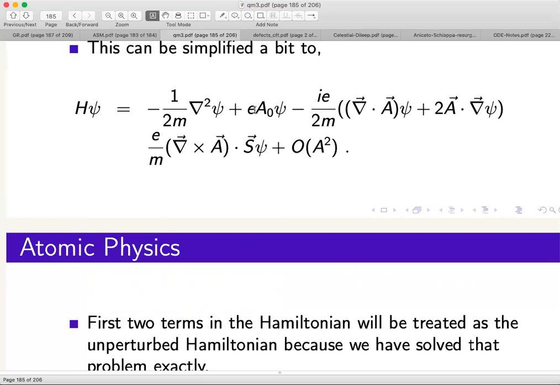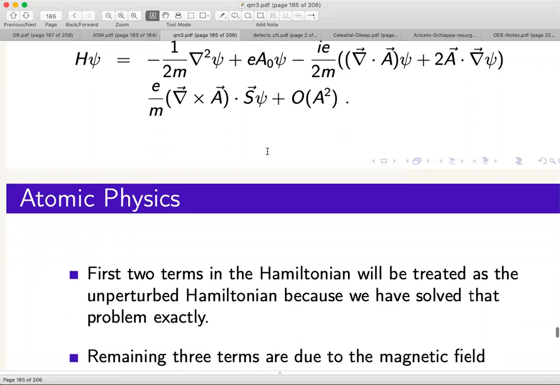Now, if you say that the nucleus has finite size and the nucleons, protons and neutrons, are distributed inside that finite size object in an arbitrary manner, then you should interpret that as a charge distribution. And then A naught itself should be expanded in a multipole expansion. In that multipole expansion, the leading monopole term is the piece that is used in solving the Schrodinger equation.